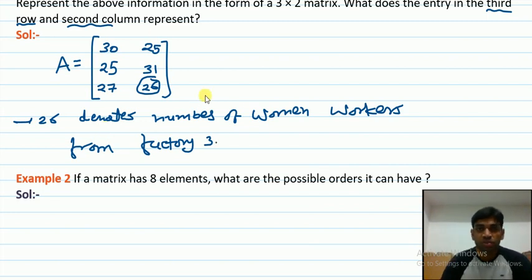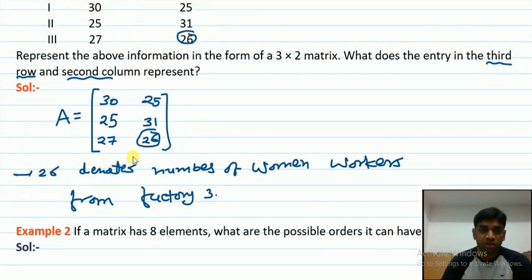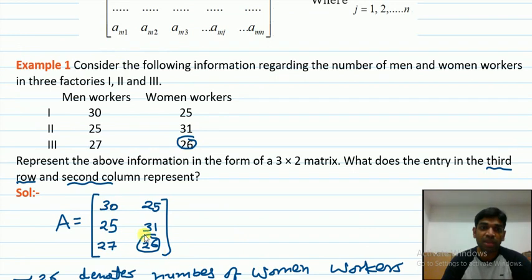Simple. So this is the information and the connection, or we can say the link between information and the mathematical form of a matrix.